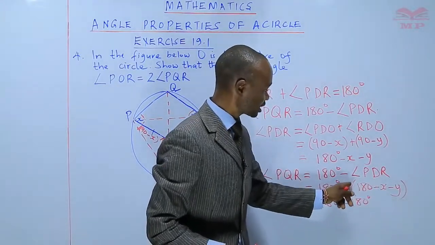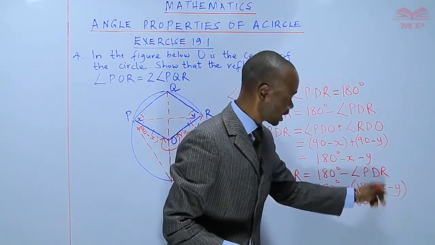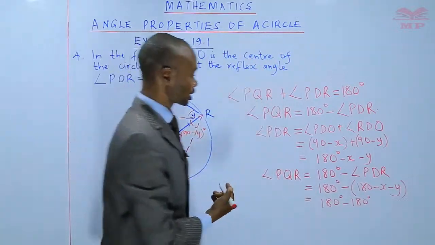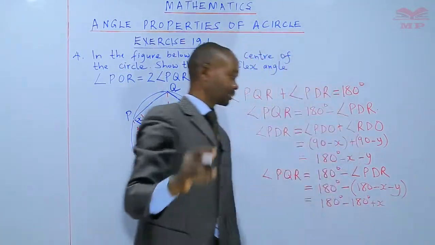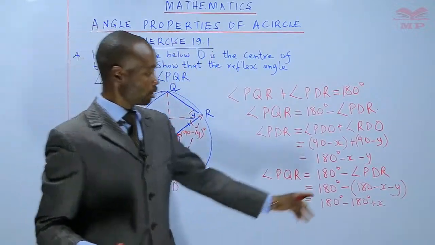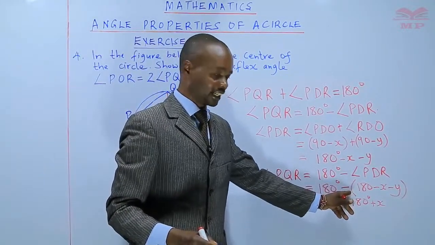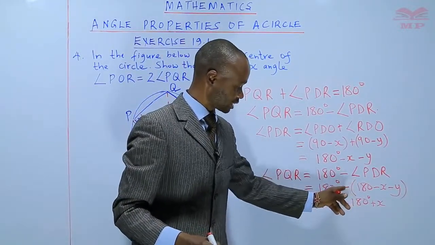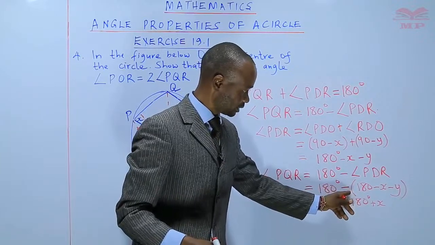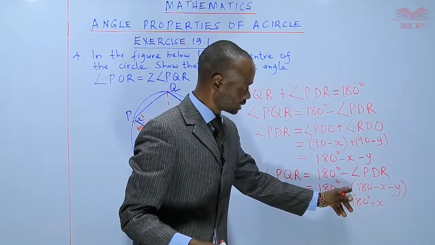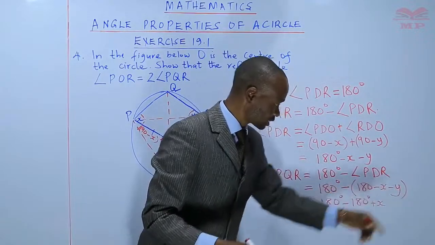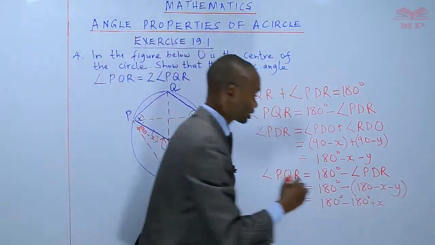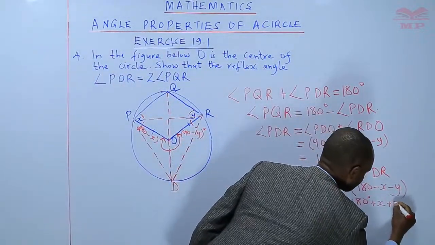It's like having minus 1 outside times minus 1x. It will turn to positive, so it will be plus x. When you move there, we have minus 1 here. When you have just a minus like that, it's like having minus 1. Minus 1 times minus 1y. Negative times negative becomes a positive. So you get what? Plus y.